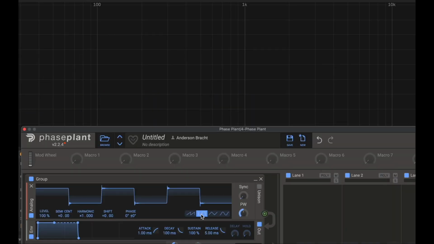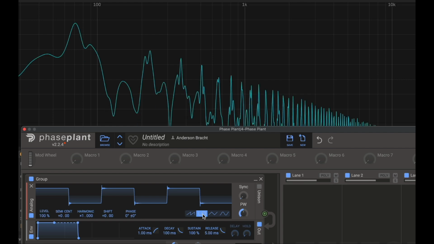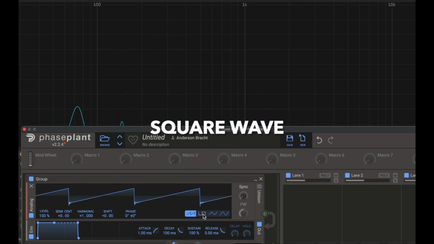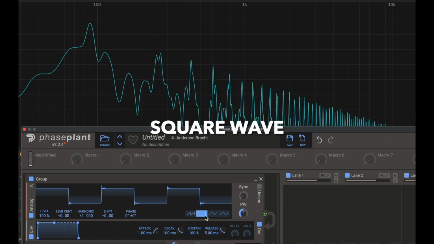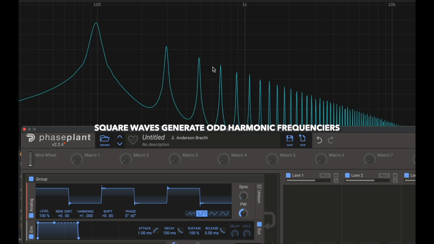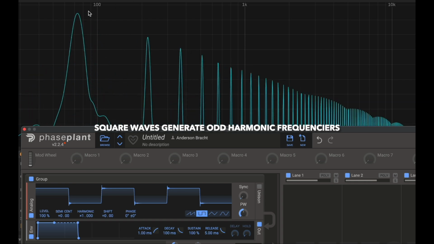With a square wave selected while playing a note, compared to the sawtooth wave, you will hear a different set of harmonic frequencies. A square wave will generate a sound that contains odd harmonics, that is, every other harmonic frequency. You can see the frequency content of this square waveform in Ableton's spectrum analyzer.